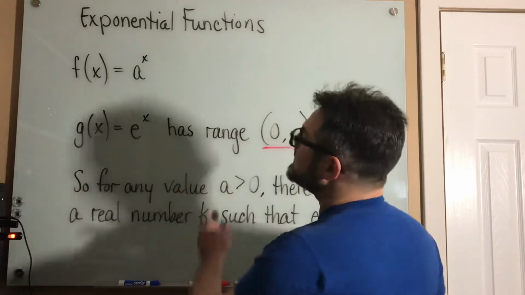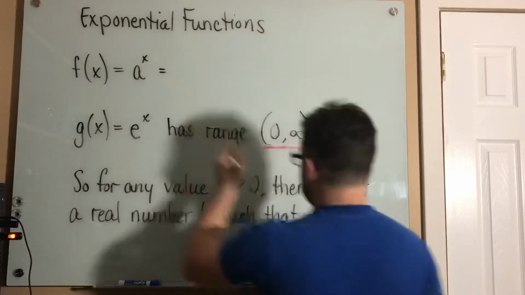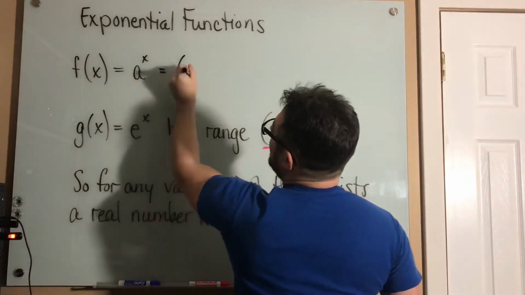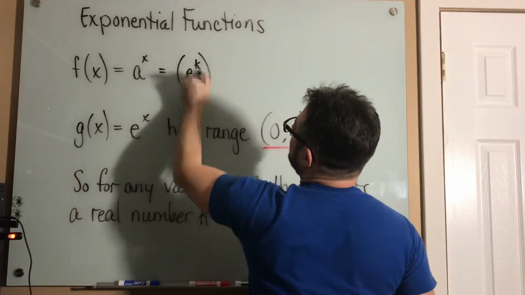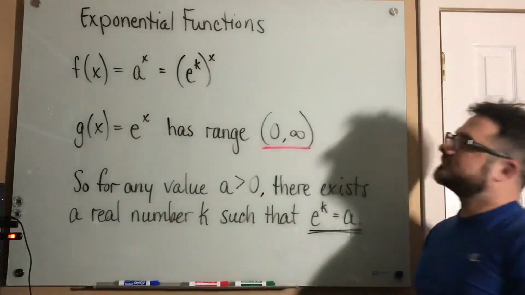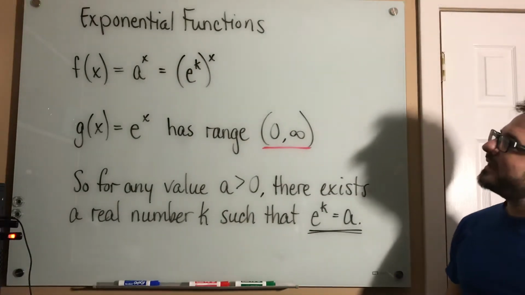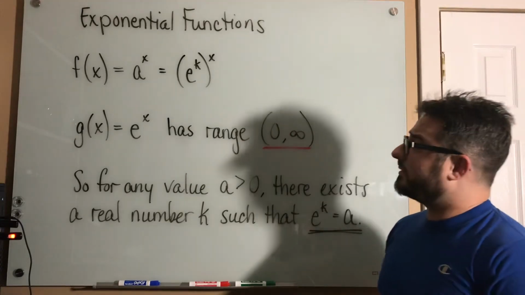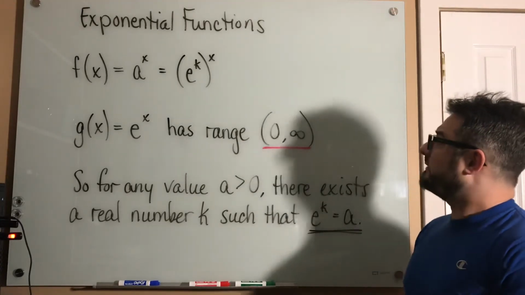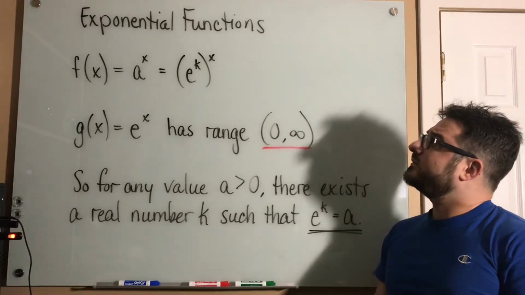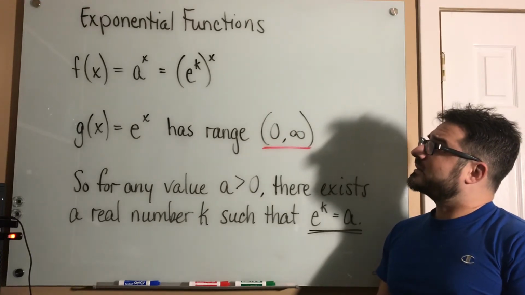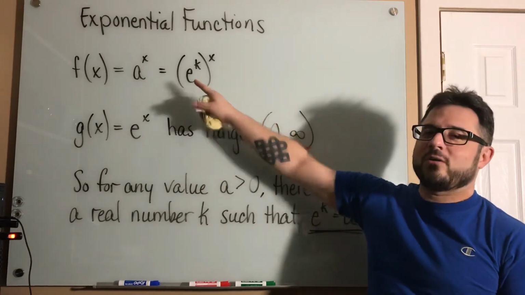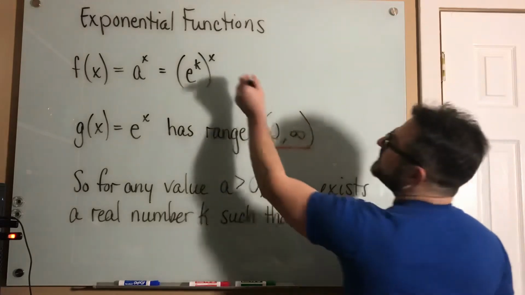Because what we can now say is that if this is true, then we can replace a with e to the k. And the advantage here, as we've seen with other things that we've done through the semester, is that we've got a to the x, a new function, written in terms of a function we are already familiar with, that we've already proven.